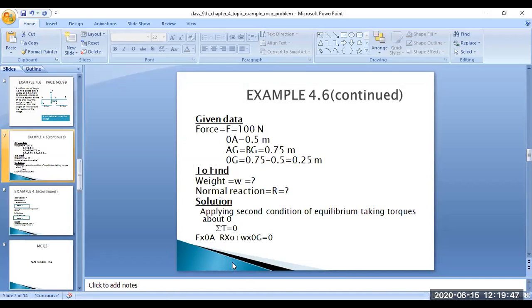So my negative sign will be with the normal reaction because it is moving the body in clockwise direction. But forces F and W are taken as positive because they are moving the body in anti-clockwise direction. So the sum of the torques will be equal to 0.